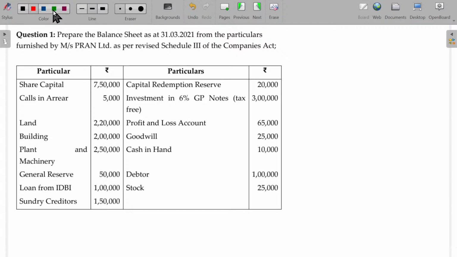Now, share capital, calls in arrear. We have land, building, plant and machinery, non-current assets, general reserve, reserves and surplus, loan from IDBI, which may be assumed to be non-current liabilities.